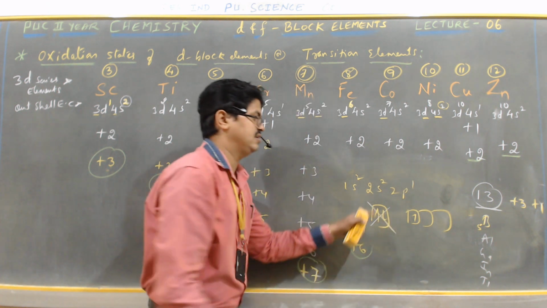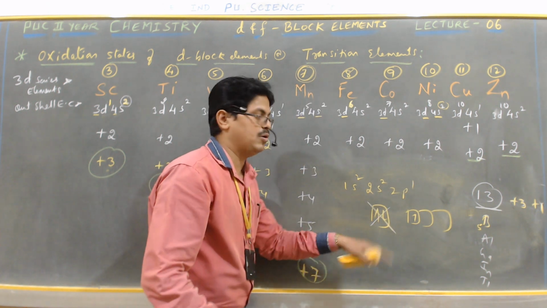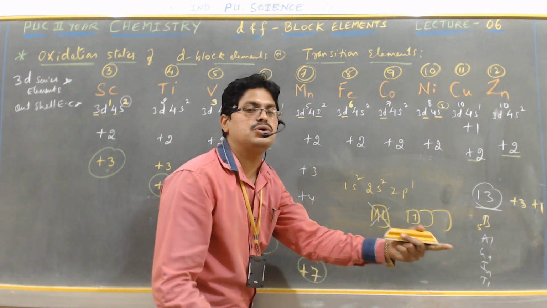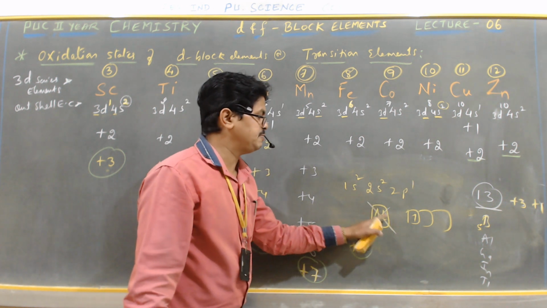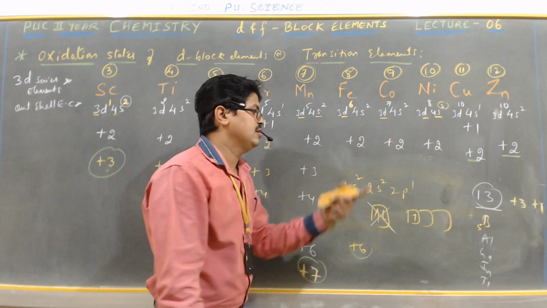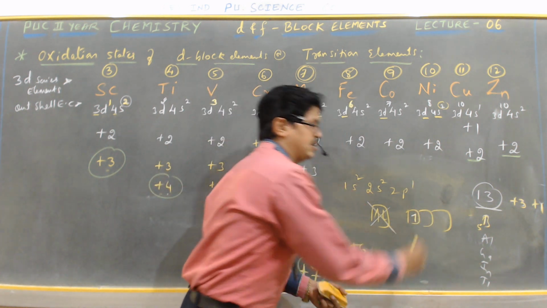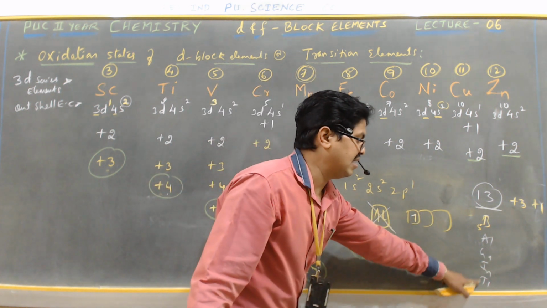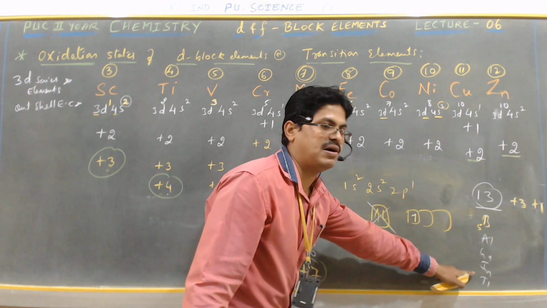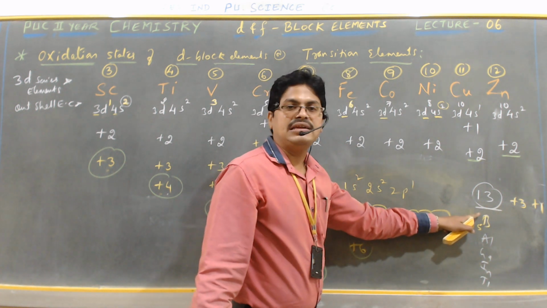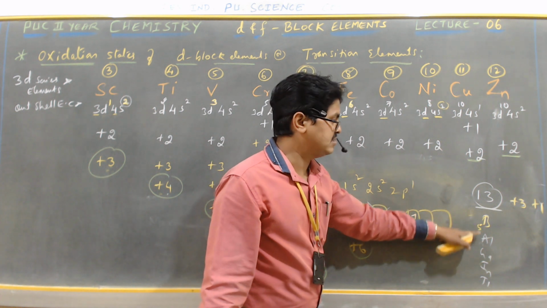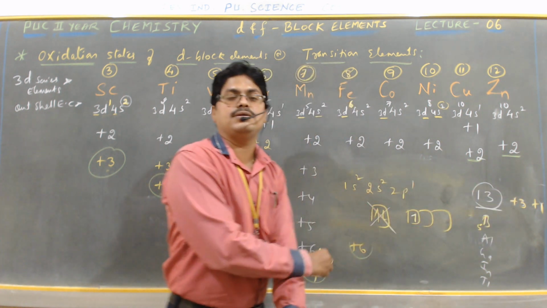The electrons present in the s orbital are not involved in the bonding due to the inert pair effect. So they form only plus 1. Means the heavier elements form only plus 1 oxidation state, whereas the lighter elements form plus 3 and plus 1 both.